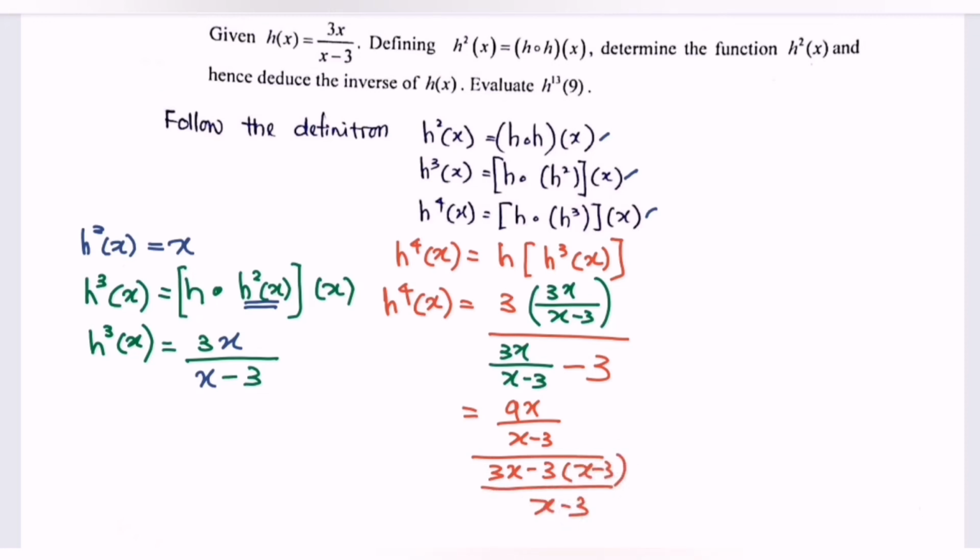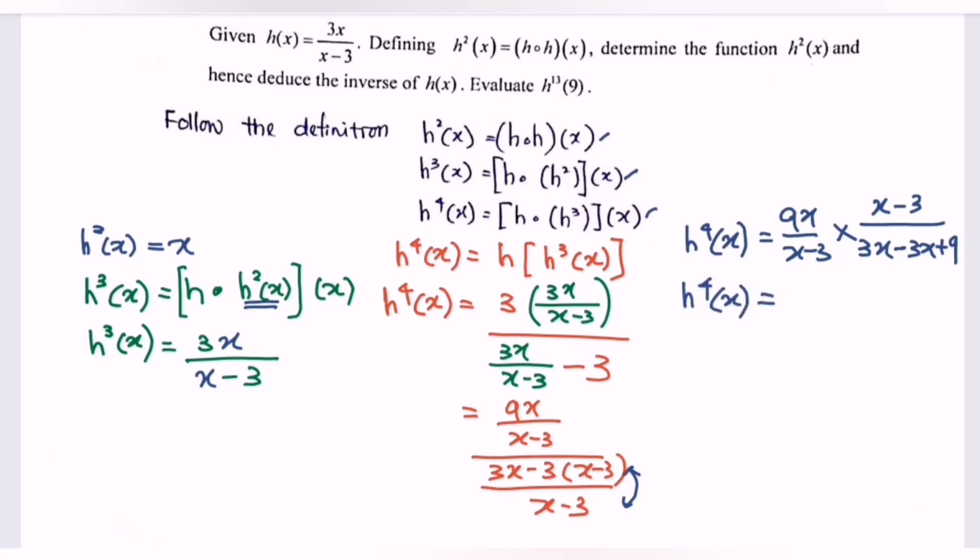Kindly simplify the situation. So h to the power 4 x is equals to 9x over x minus 3 multiply. Do remember, flip this part. So we will have x minus 3 over 3x minus 3x plus with the 9. Finally, we can simplify this part because we have a common factor, become 0.